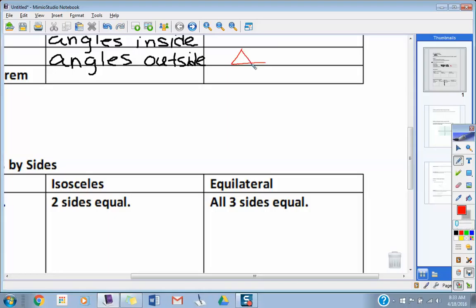Okay, do you see that triangle? Looks like one side got extended quite a bit of ways, right? When I start talking about exterior angles for a triangle, we're talking about take one side and continue to extend it so it forms an angle not just on the inside of that vertex, but it also forms an angle on the outside.